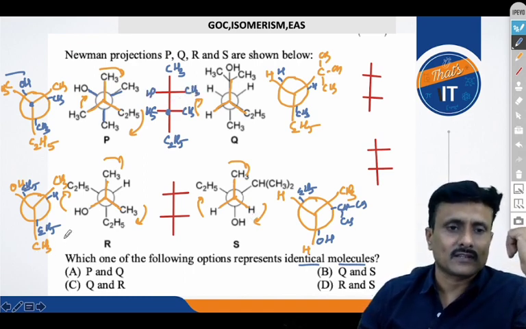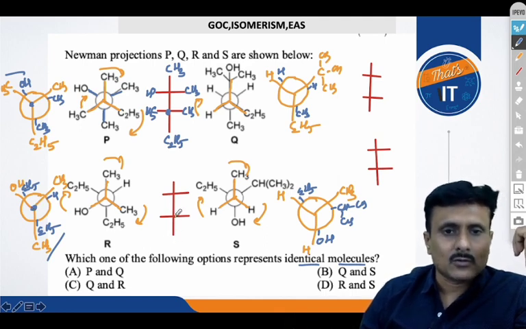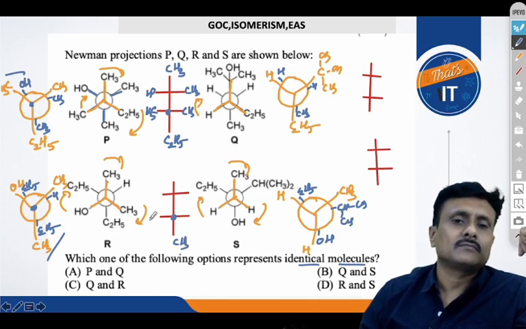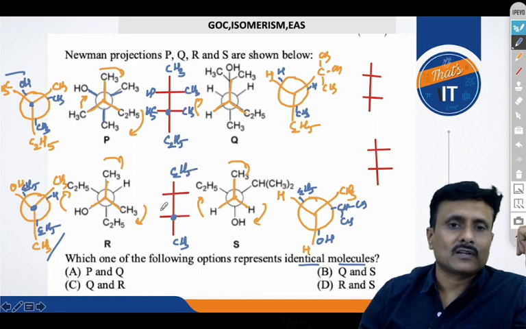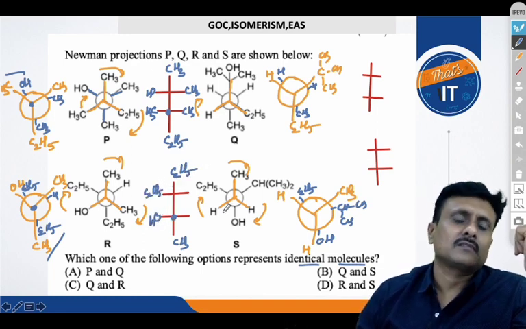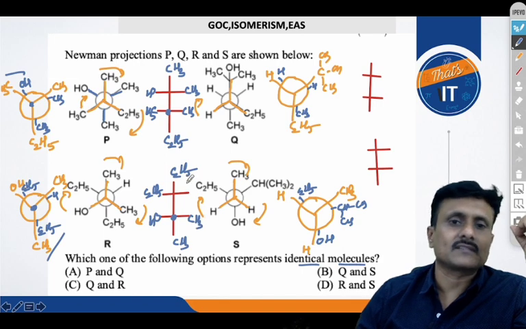Now you can see over here what I am going to write. I am writing this carbon over here, isn't it? So you can see it has CH3, alright, and this has C2H5 over here, the backside one. This has OH, C2H5, alright, isn't it? So this has CH3, upside carbon I am writing CH3, and hydrogen is eclipsing with it.